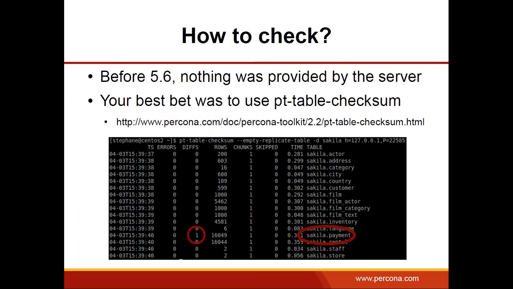After that you'll have some extra work to precisely locate the row or rows where you have problems. But anyway, it's a tool that allows you to detect such discrepancies.